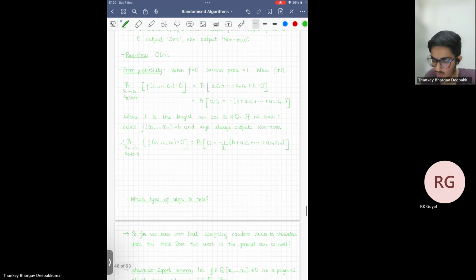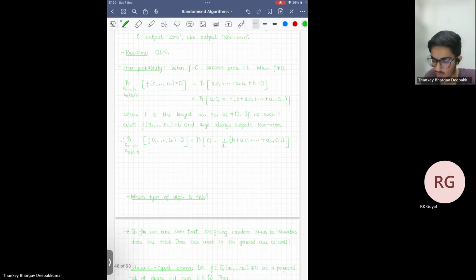But that would be a very specific case wherein the given polynomial is just a constant and nothing else. I only wrote this to handle this one case, because the more interesting case is this one. So now AI is non-zero.